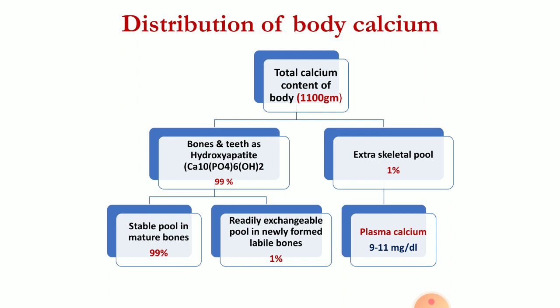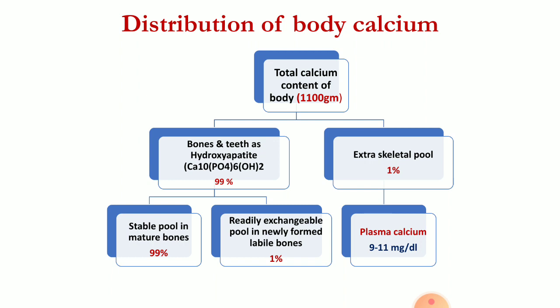Hydroxyapatite is basically made up of calcium and phosphate, the formula being, as you are seeing, Ca10(PO4)6(OH)2. So in this form, calcium is stored in skeletal tissue, almost 99%. And in the extraskeletal portion of the body, there is only 1% of total body calcium.